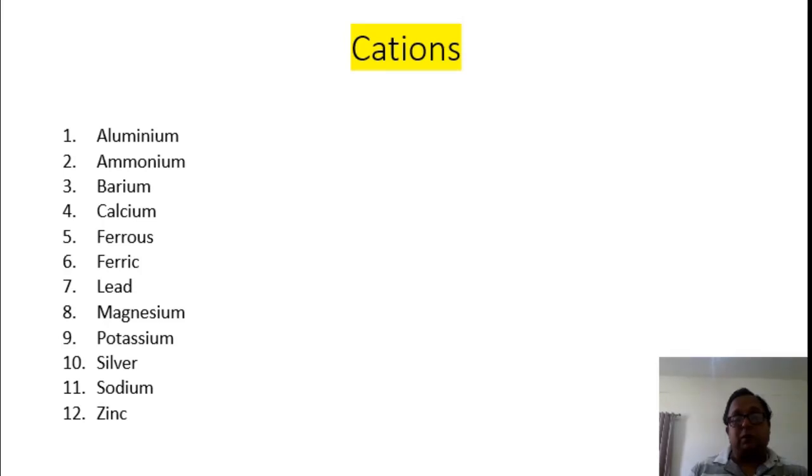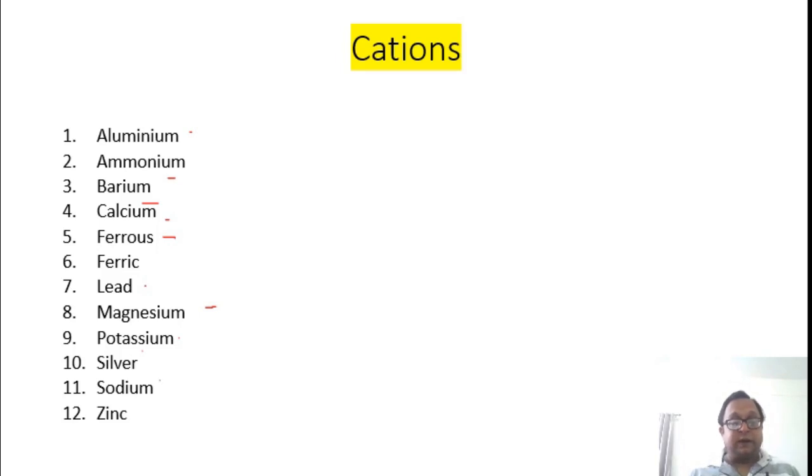If we look at the cations, there are a number of cations mentioned in Indian Pharmacopoeia, but for our convenience, I have included 12 cations in my discussion, namely aluminium, ammonium, barium, calcium, ferrous and ferric, lead, magnesium, potassium, silver, sodium and zinc.